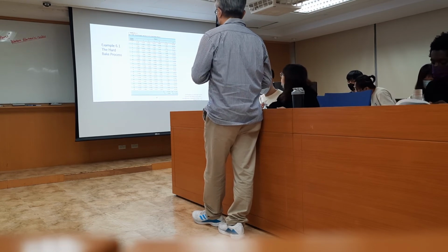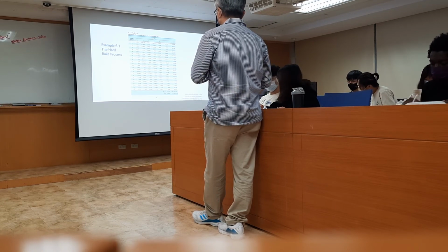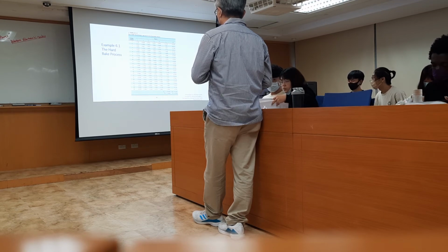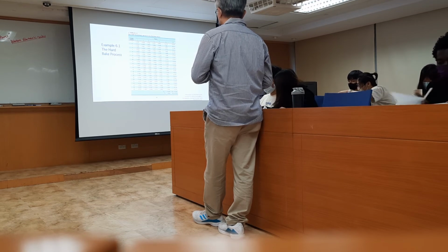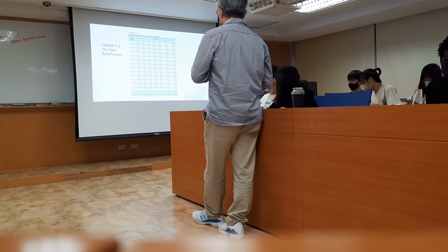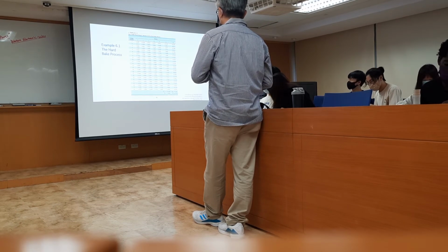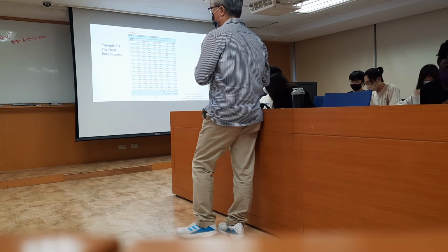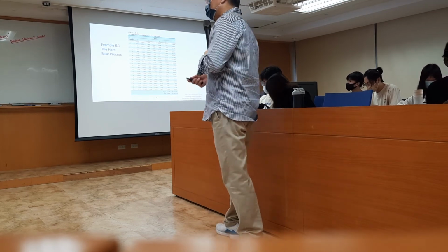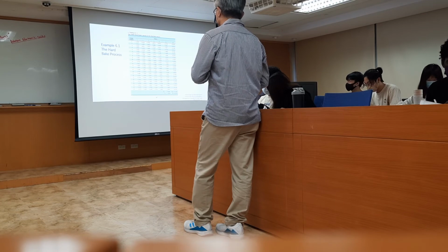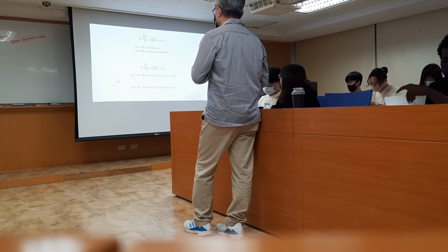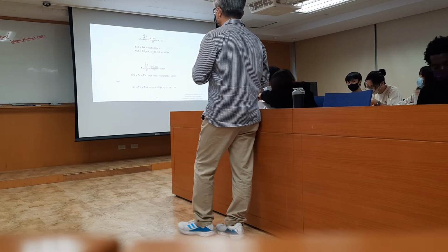Okay, thank you. So after calculation, we have an X double bar and an R bar right here. The R bar is about 0.32521, and X double bar is 1.5056. So there's the R bar and the upper control limit.